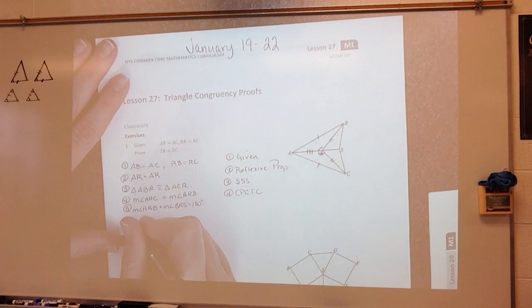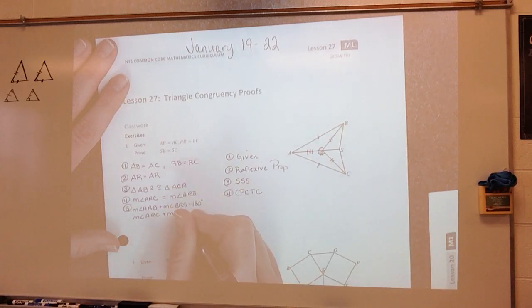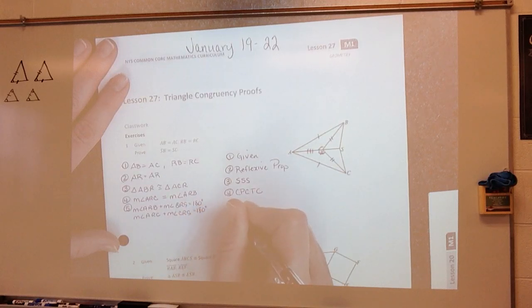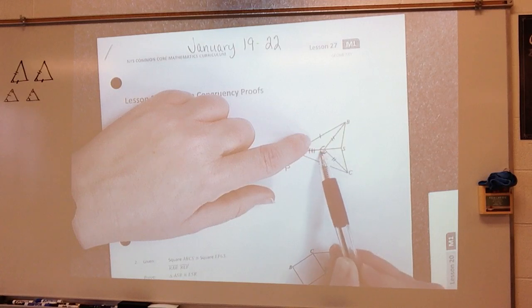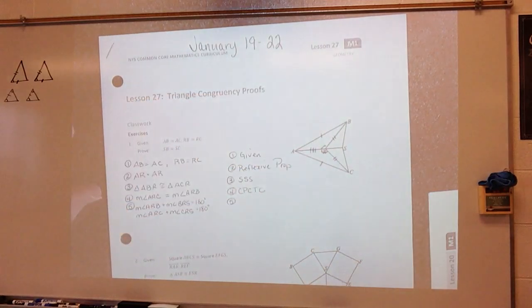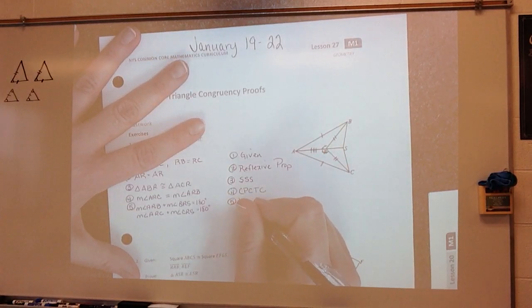And I can say the measure of angle ARC plus the measure of angle CRS equals 180 degrees. Why do these two equal 180 degrees? Because linear pairs form supplementary angles.